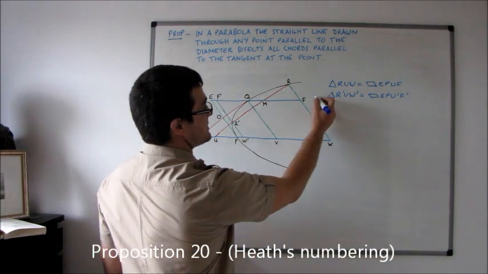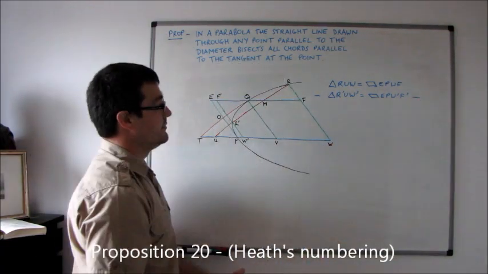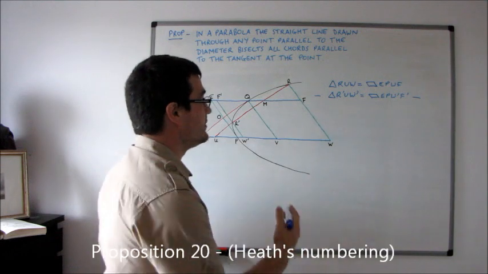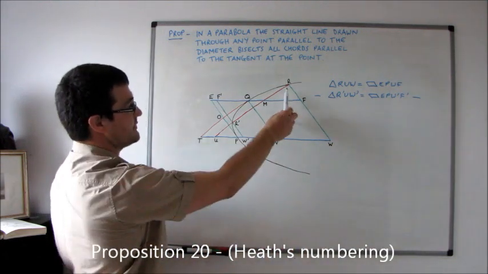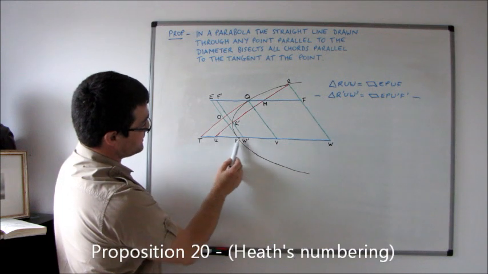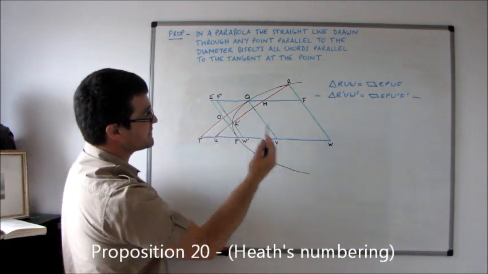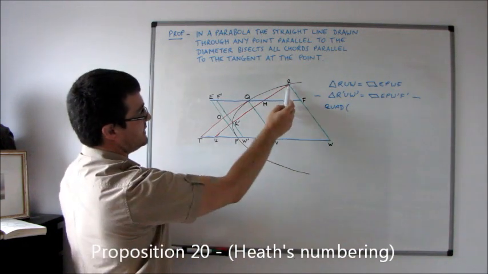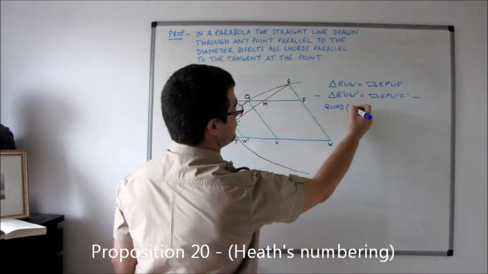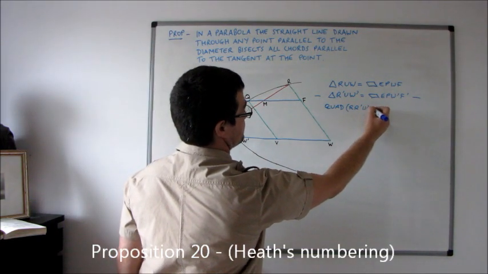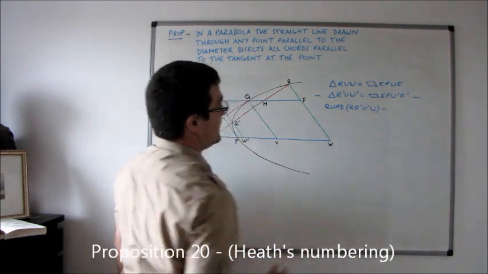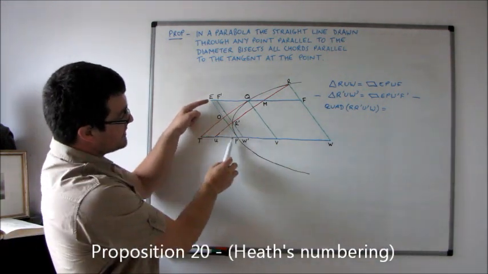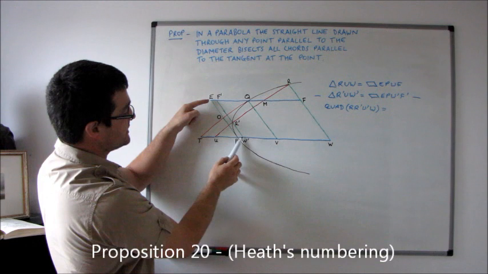And then if I subtract this area from this area and this area from this area, what I'll get is, well, you can see straight from the diagram, RUW, take away this little triangle down here, I'm just going to be left with this quadrilateral R primed, W primed, W. And on the other side of the equality, I've got the parallelogram EPWF, and I'm taking away EPW prime F prime.